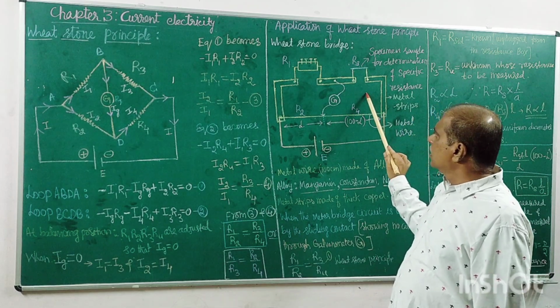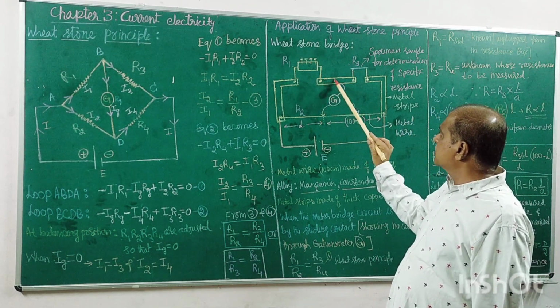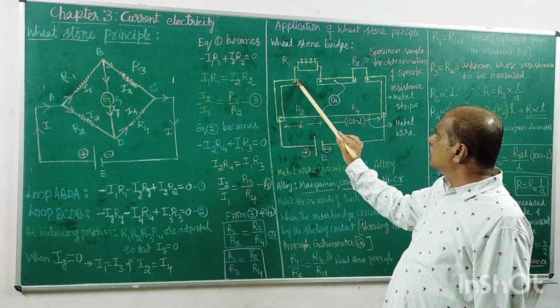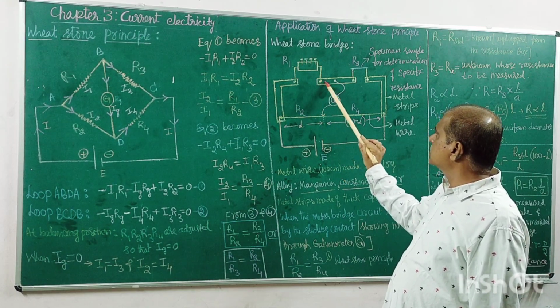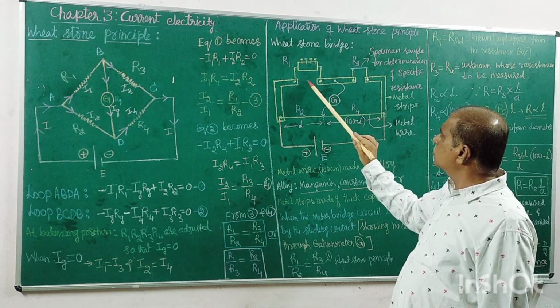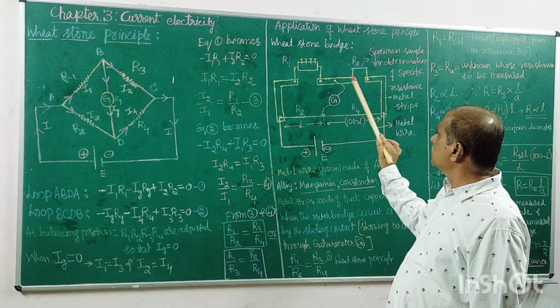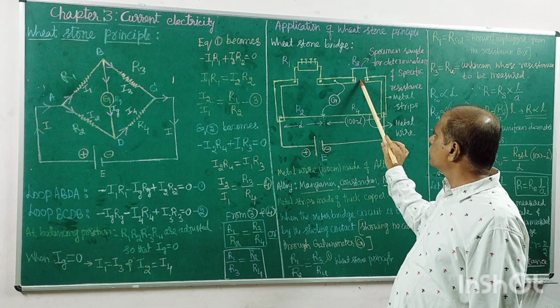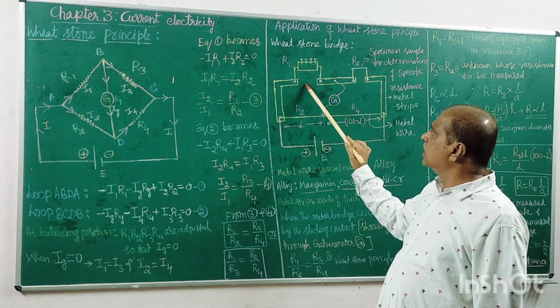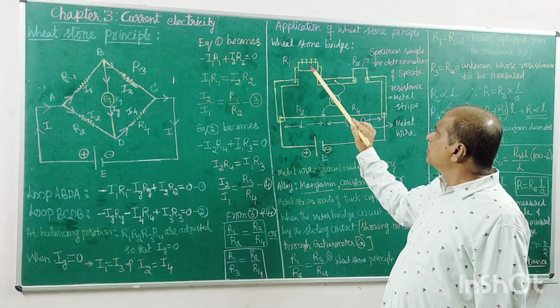It is metallic strips fixed on a board like this. These are metallic strips, and there are two gaps here, one gap and one more gap. To this gap we can connect a box like this.